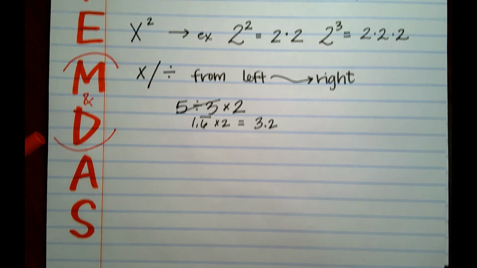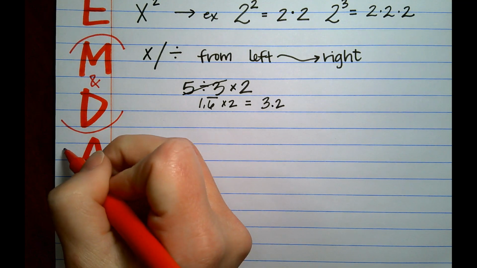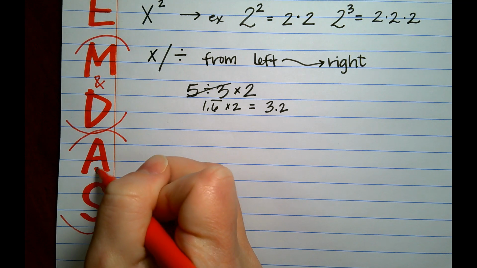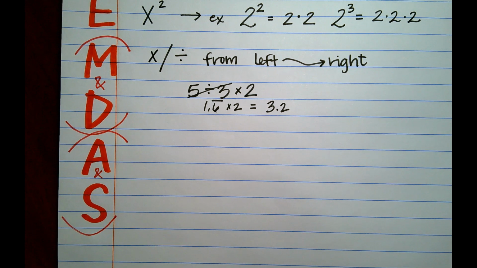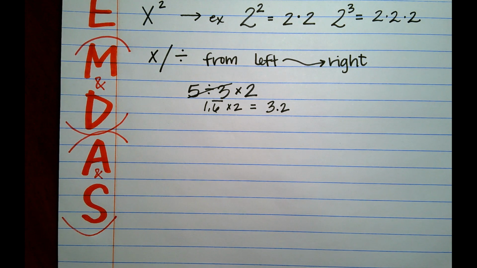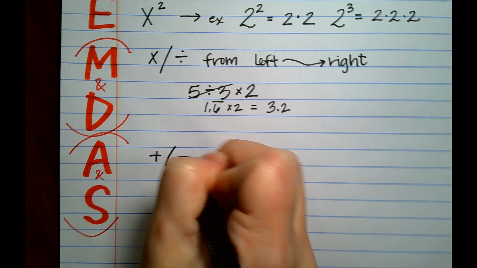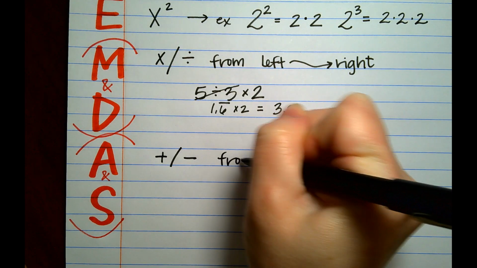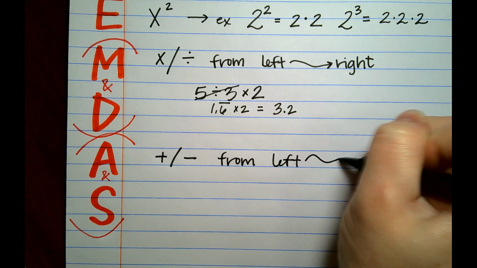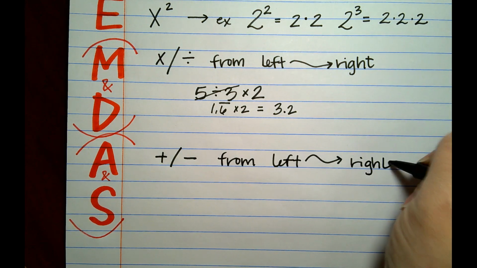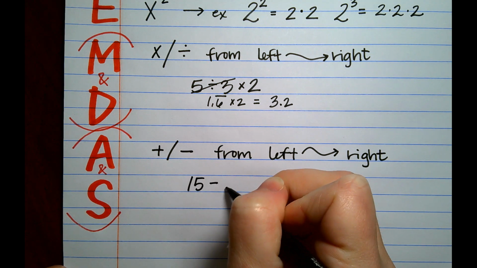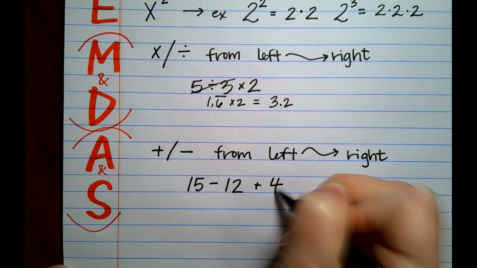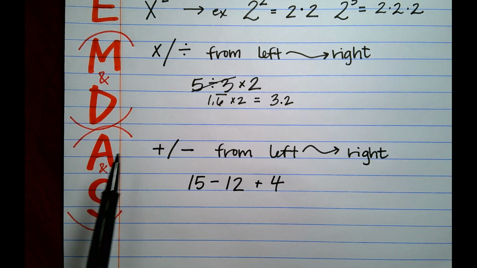All right. And last but not least, A and S, what do those stand for? Addition and subtraction. Same thing as the multiplication and division. These are grouped. We go from left to right. So addition and subtraction from left to right. Meaning, even if I had 15 minus 12 plus 4, just because A comes first, it doesn't mean I do 12 plus 4 first.